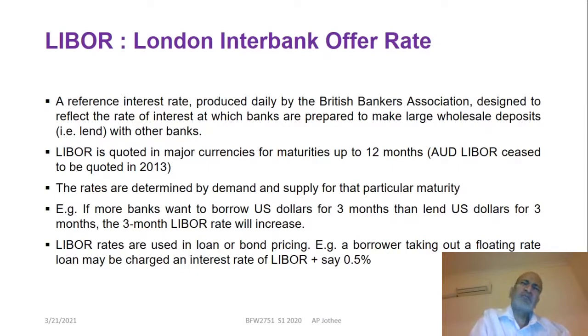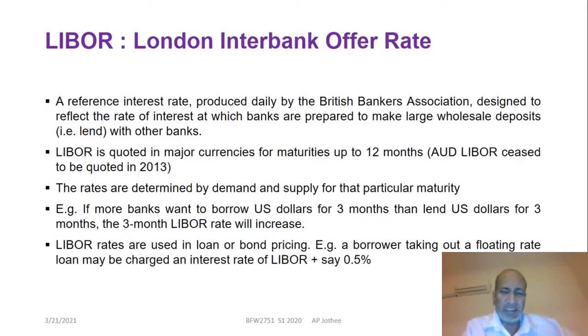But the famous one, which the whole world uses, is the London Interbank Offer Rate. It is a reference interest rate produced daily by the British Bankers Association, designed to reflect the interest rate at which banks are prepared to make large wholesale deposits or lending with other banks. Interbank, remember. LIBOR is quoted in major currencies for maturities up to 12 months, except for AUD LIBOR, which ceased quoting in 2013. Now it's not there anymore.